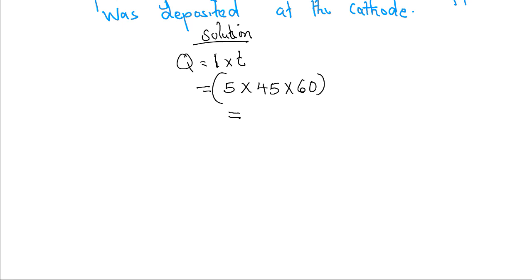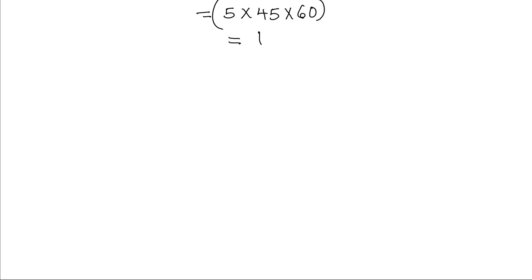That is 5 by 45 by 60 gives 13,500 coulombs.